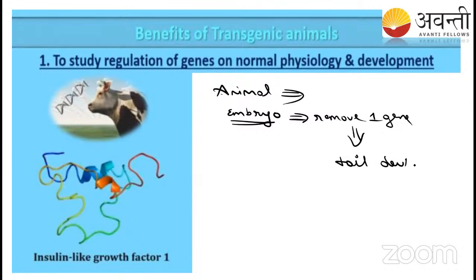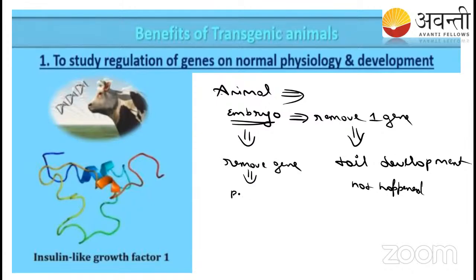In another case, I take the embryo and remove a different gene. Here, brain development was retarded and did not happen.